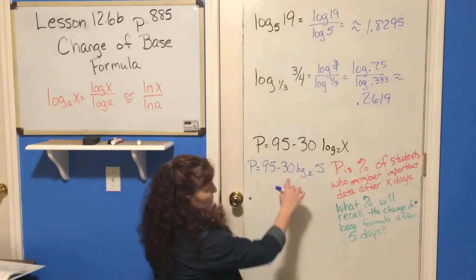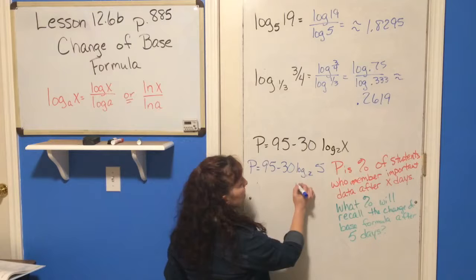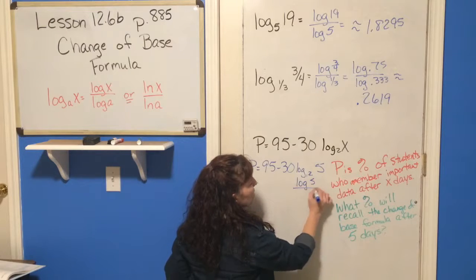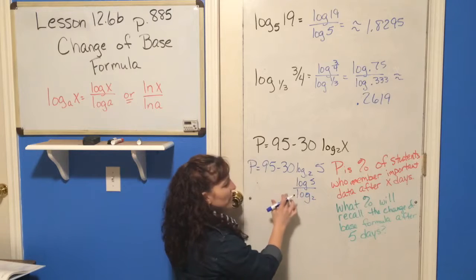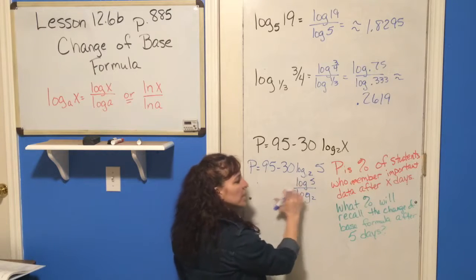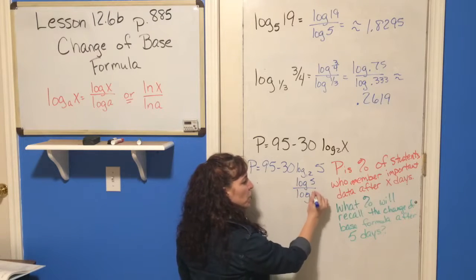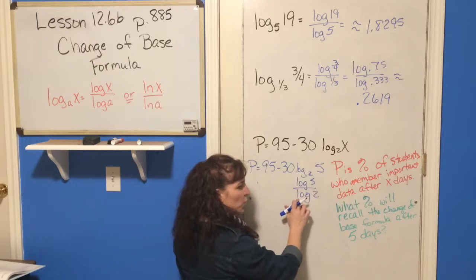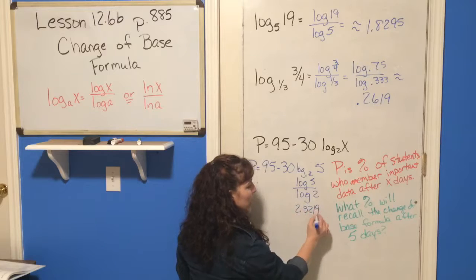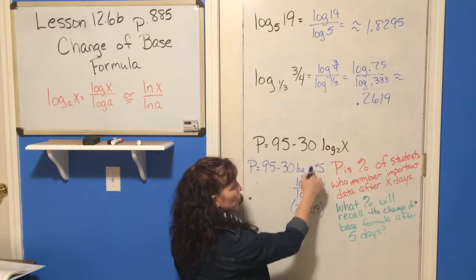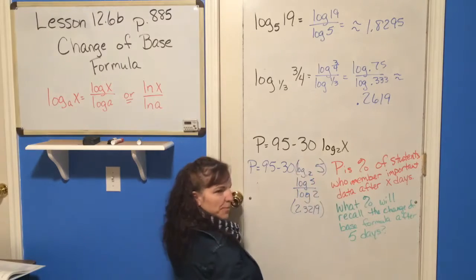Okay, so log of 5 divided by log of 2. So 5 log divided by 2 log equals, and that should give you 2.3219. That goes back to this part.